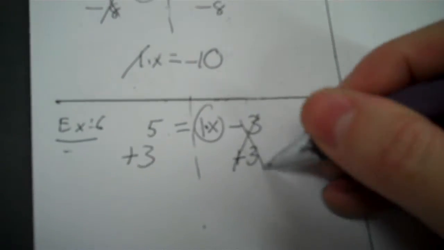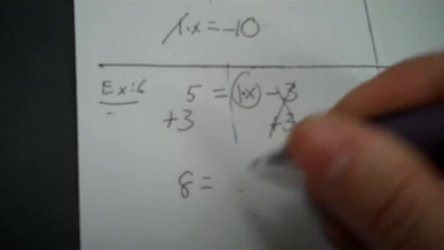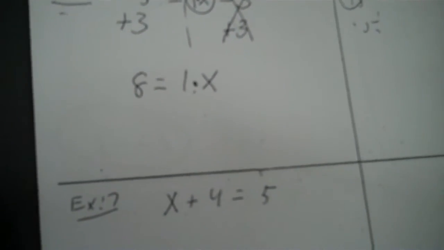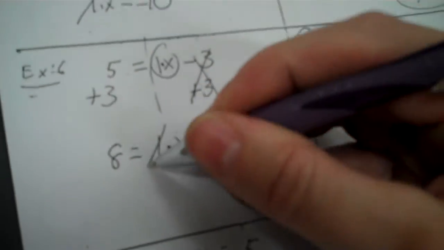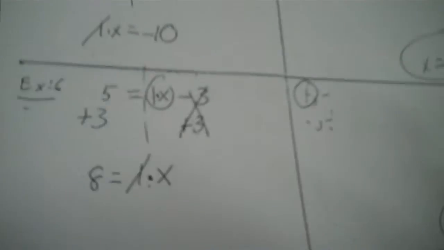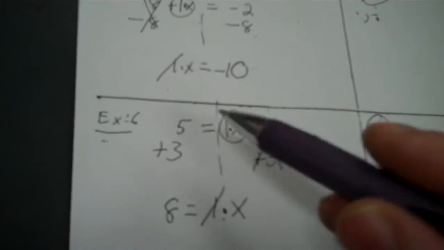Negative 3 plus 3 is 0, and then 5 plus 3 is 8. Get that 1 out of there. And that's your answer, x equals 8. Makes sense, because that originally said 5 equals x minus 3. Well, if I put 8 in for x, 8 minus 3 is 5. That's how that works.